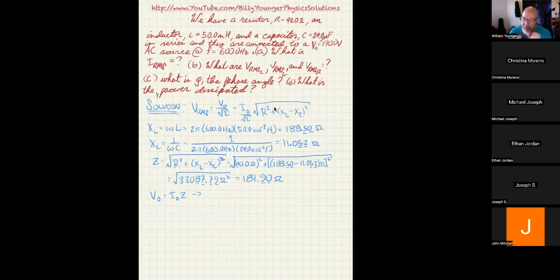For instance, the voltage is going to drop across an inductor by an amount I0 times XL, which is the reactance. Similarly, the voltage across a capacitor will drop by I0 XC, where XC is the capacitive reactance. And in that sense, it's just another type of resistance to give us an ohm-like law.